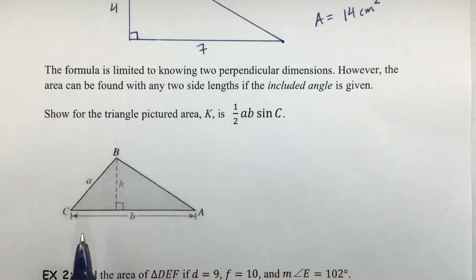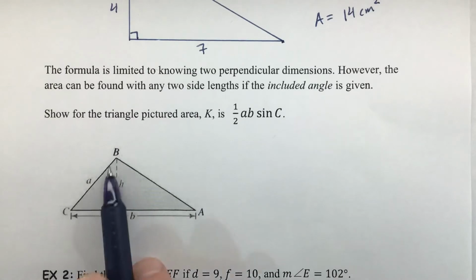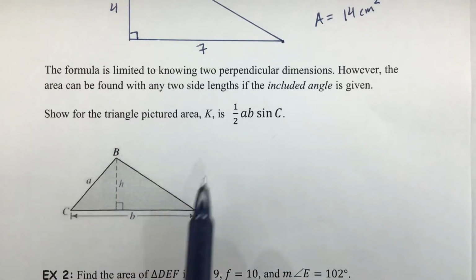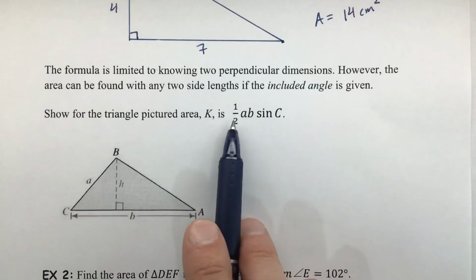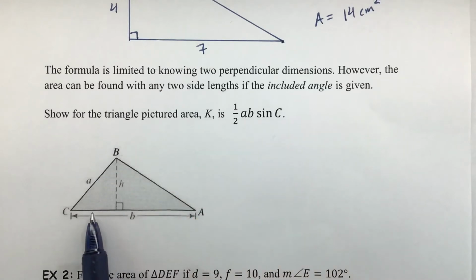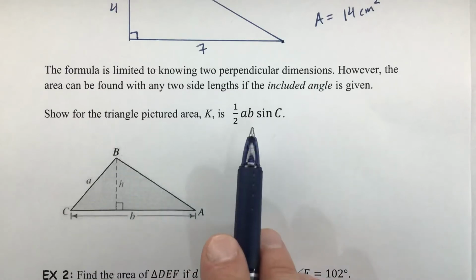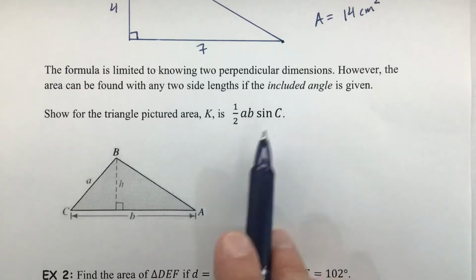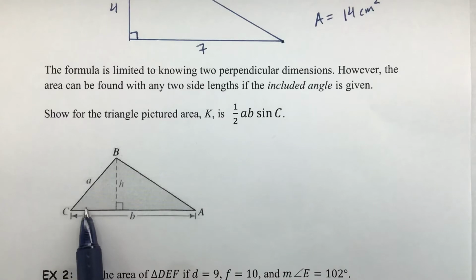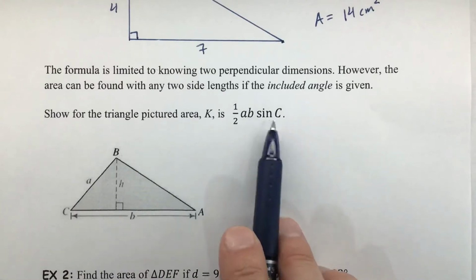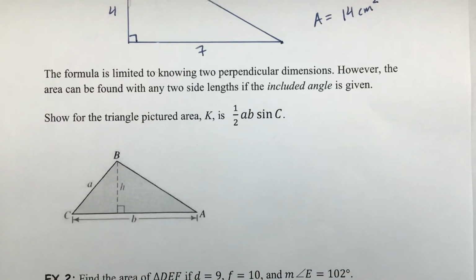Okay, so if I took 1/2 times A times B, all right, that would not be the actual area formula. Like, it wouldn't fit here because these aren't meeting at a perpendicular. Okay, but if I multiply by the sine of C, the sine of the angle that's located between them, that's going to make the adjustment, which is going to give me the correct area to this.